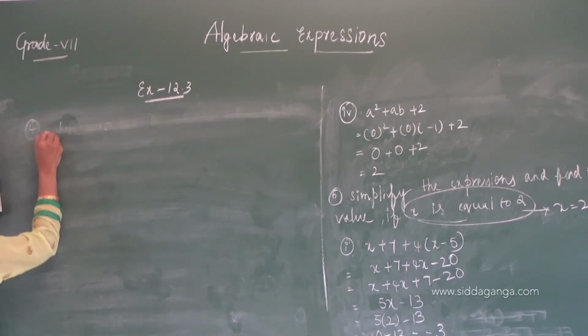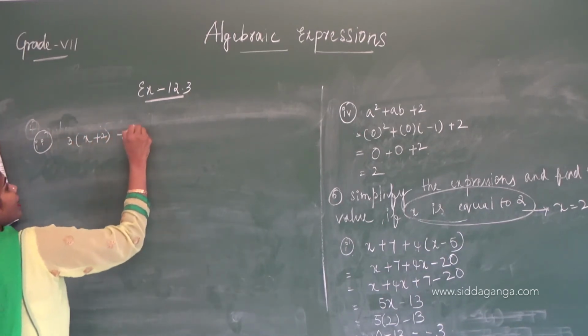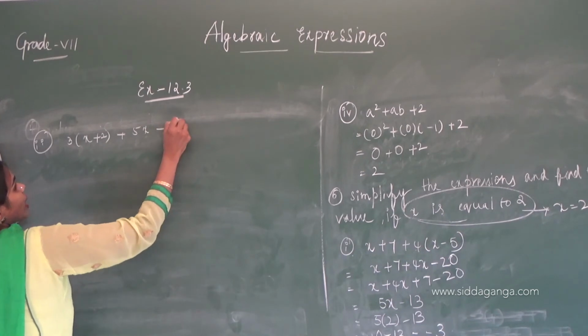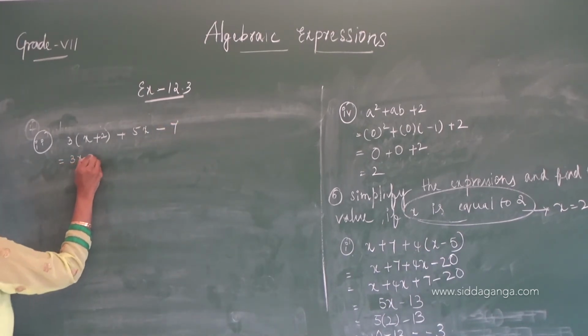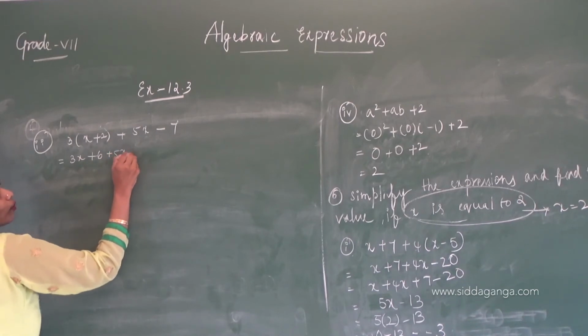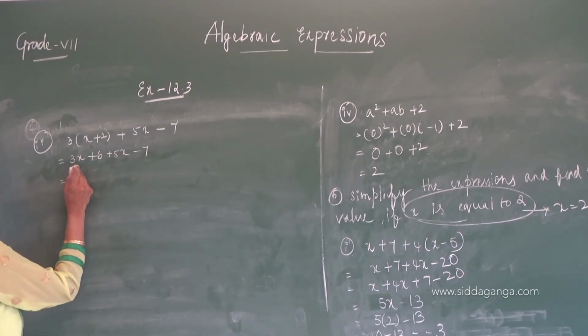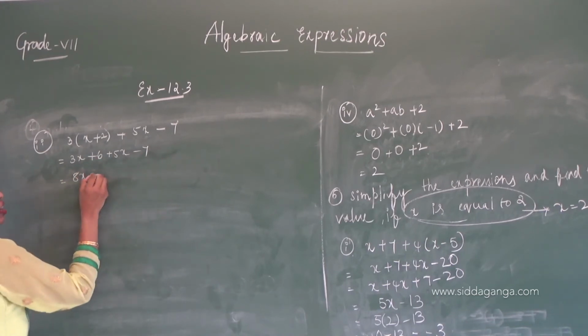Second one, 3 into x plus 2 plus 5x minus 7. Here also I am just simplifying the given expression. 3 into x, 3x, 3 into 2, 6, plus 5x minus 7. 3x plus 5x, 8x plus 6 minus 7, minus 1.